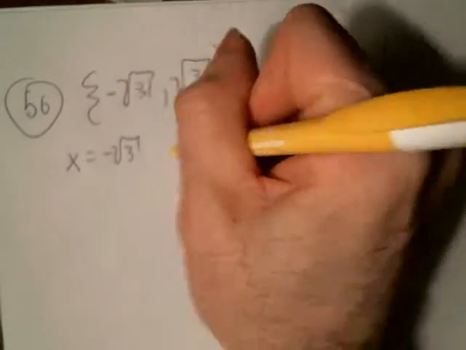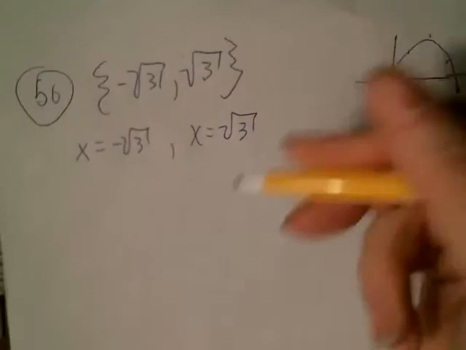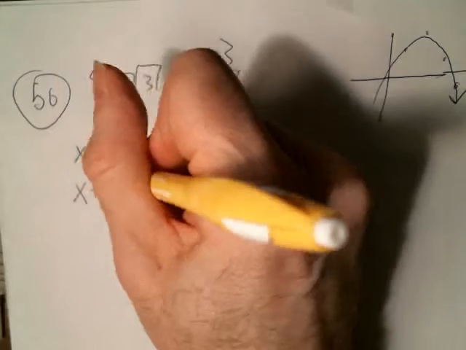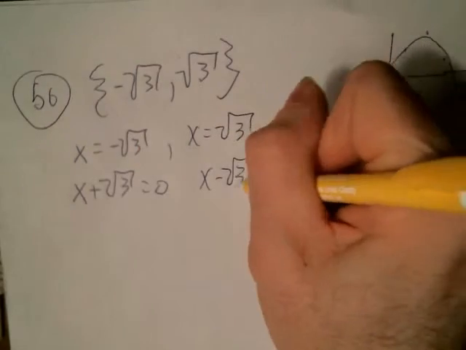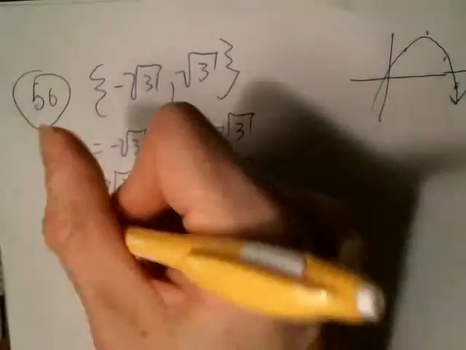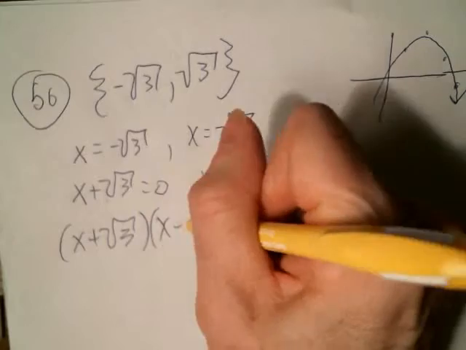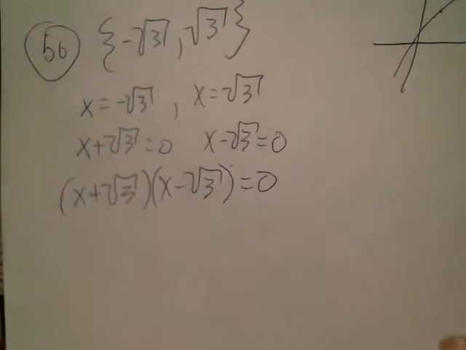Anyways, let's look at this guy. So x is that, or x is this, and then we just back engineer. Reversing everything, x plus radical 3 is 0, or x minus radical 3 is 0. Then we multiply these together: x plus radical 3 times x minus radical 3 is 0. And then we can FOIL it out, right?